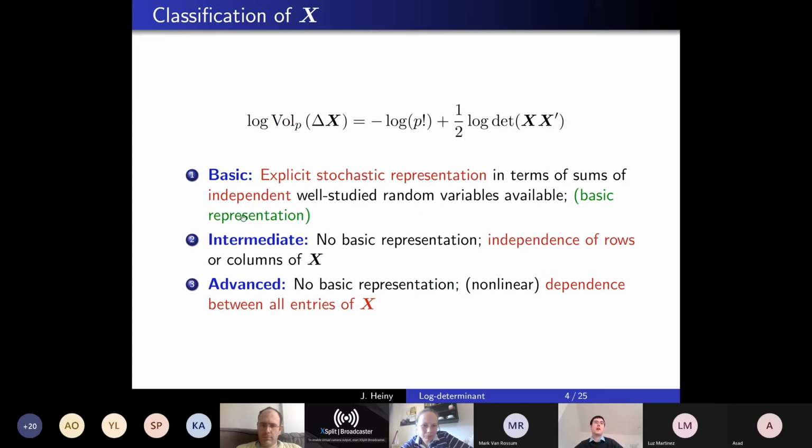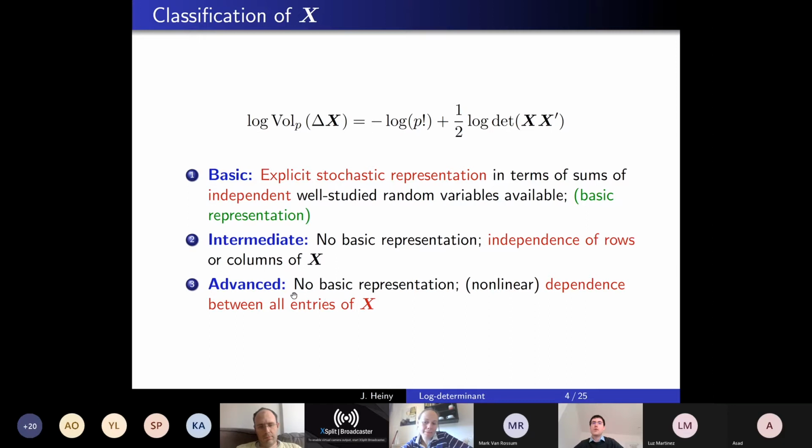And then I will say that we have a basic representation. The second class, the intermediate class, where there exists no basic representation, but you have a certain structure in this matrix X. And here, by the structure, I mean either independence of the rows or the columns of my data matrix.